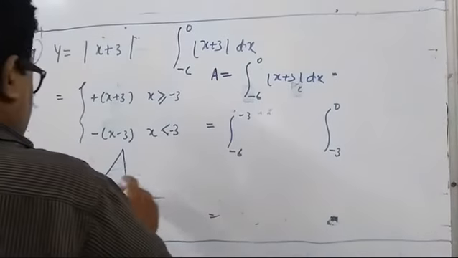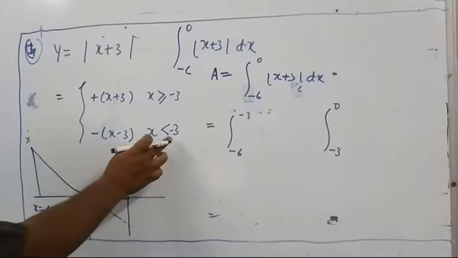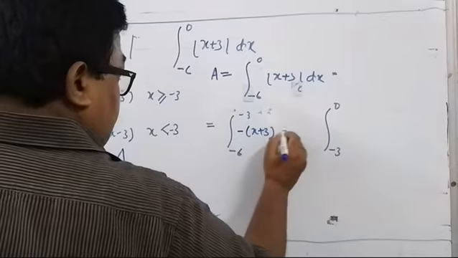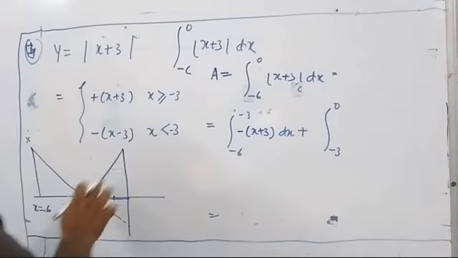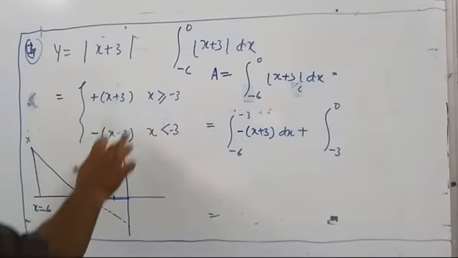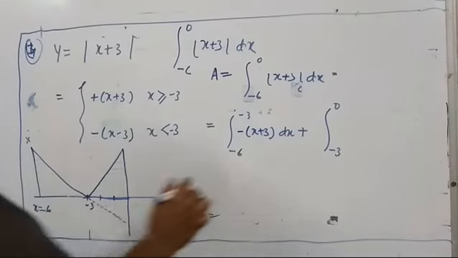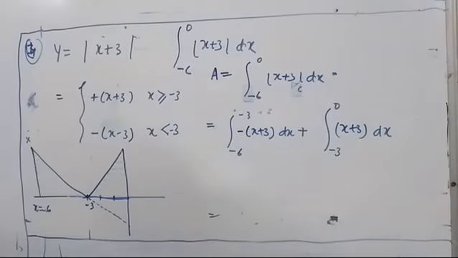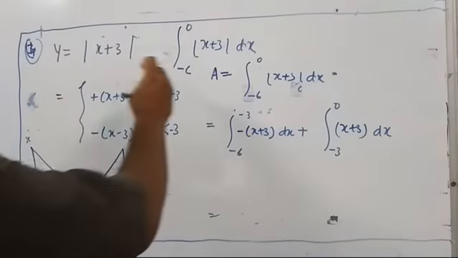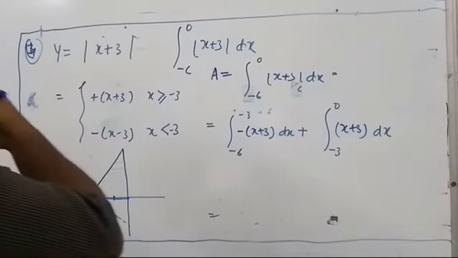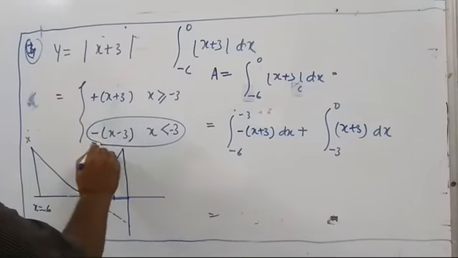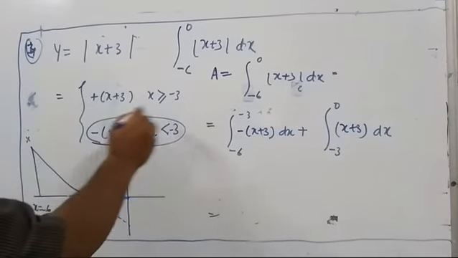In the first case, it is negative when it is less than minus 3, so this is minus of x plus 3 dx, and this portion will be positive when it is greater than or equal to minus 3, so it is x plus 3 dx. So we divide minus 6 to 0 into two parts: minus 6 to minus 3, which is the negative portion, and minus 3 to 0, that is the positive portion.